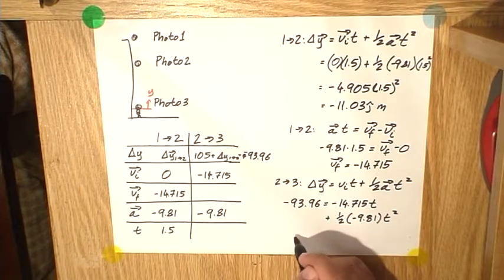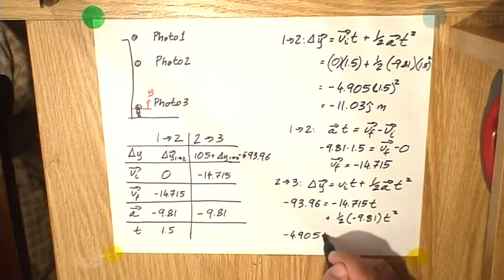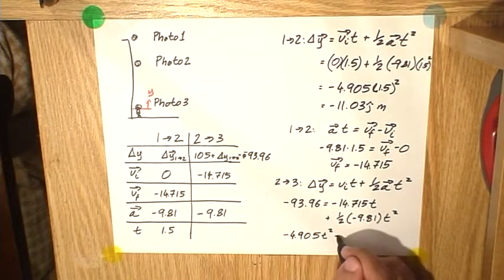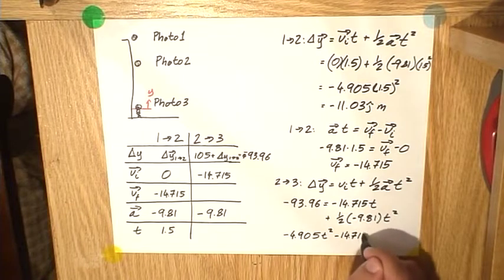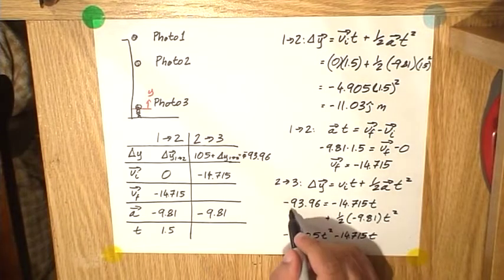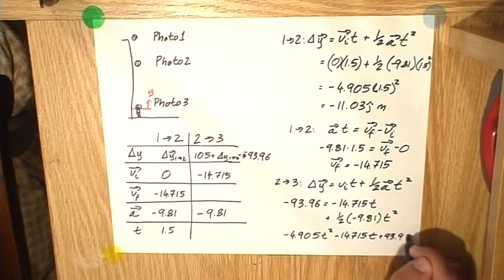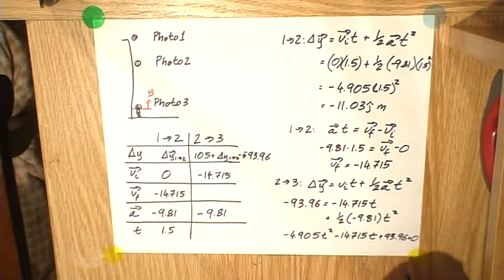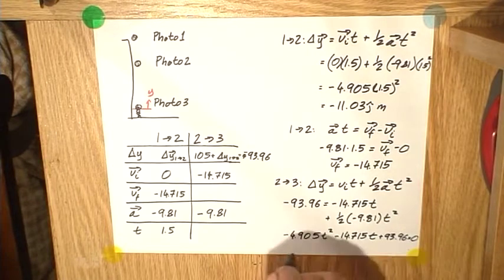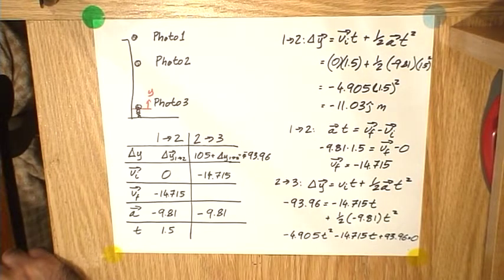So we can rewrite it as negative 4.905 times t squared minus 14.715 t, and I can add 93.96 to both sides, is all equal to 0. Now we just need to solve for the time.